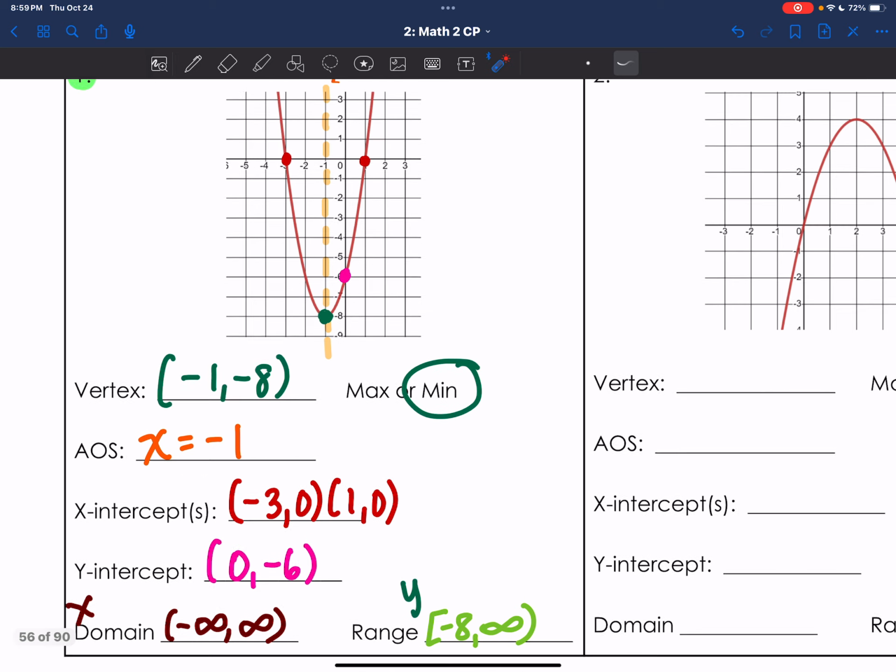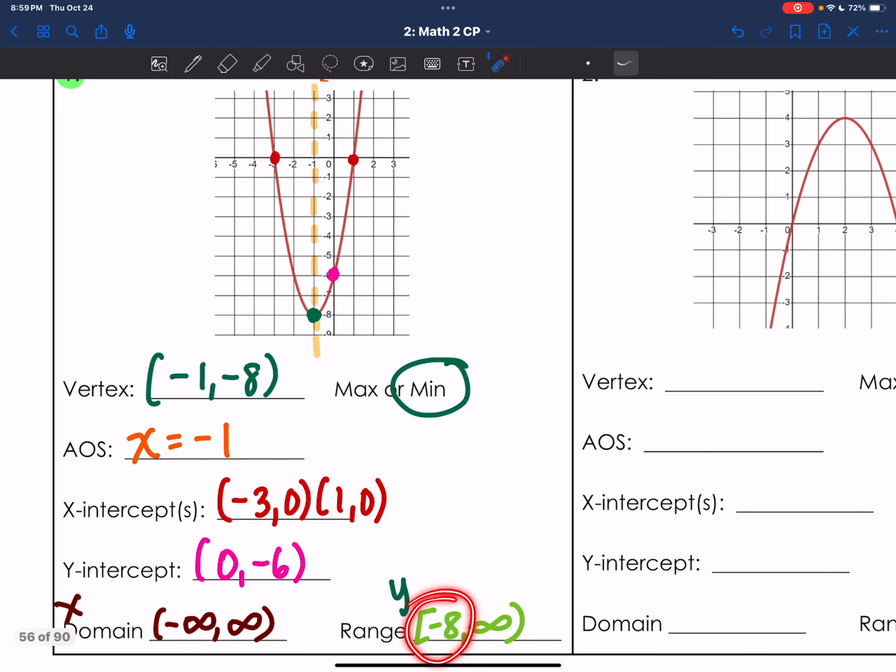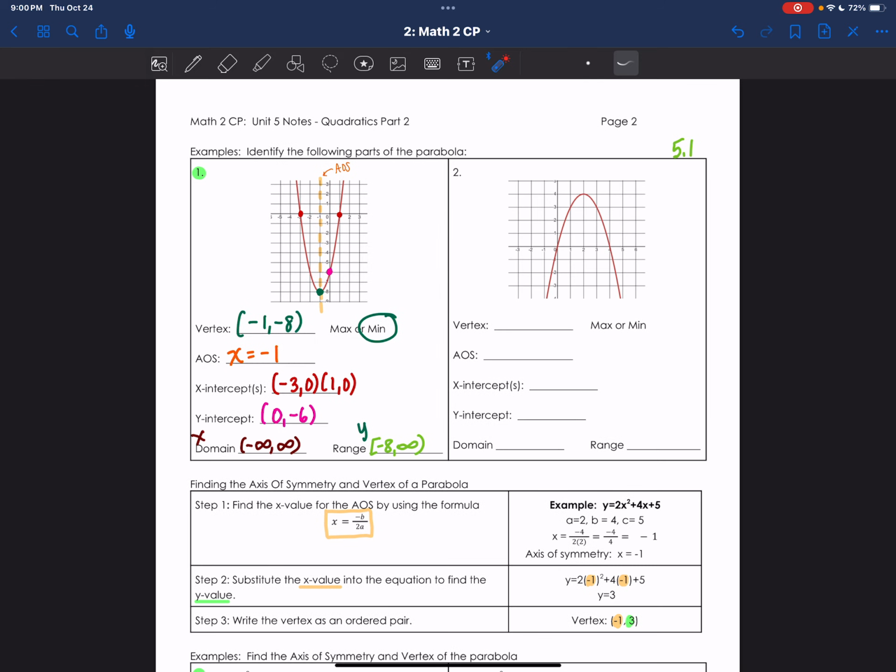From here, the bottom point is -8, and then it's going to go all the way from -8 up to +infinity. And we include -8 because that's the actual point there. We keep this rounded because it's a constant and it's continuing on. All right, I want you to go ahead and try that one.